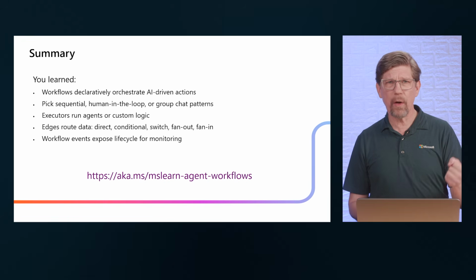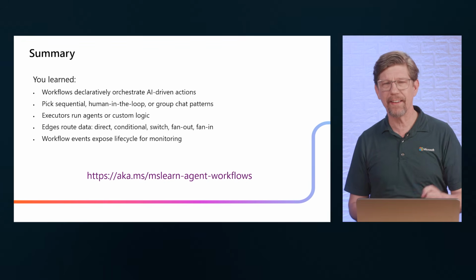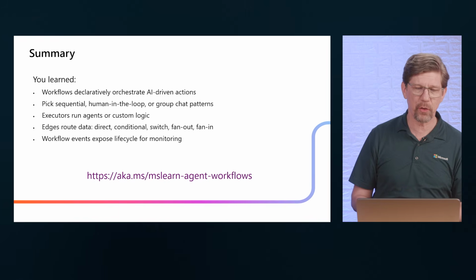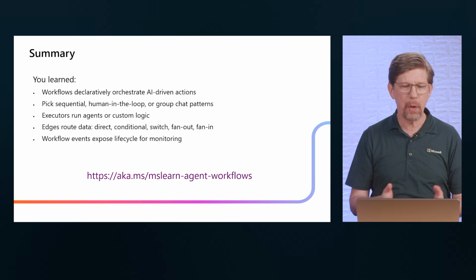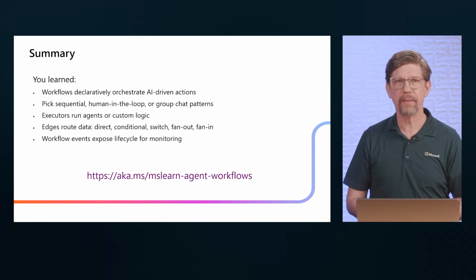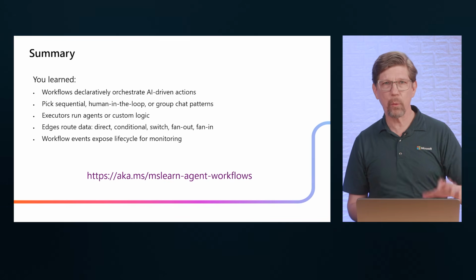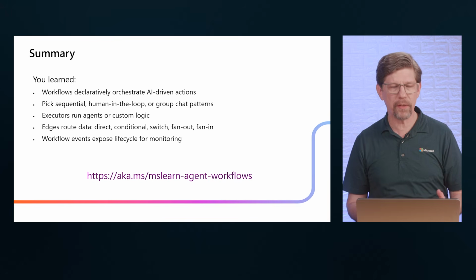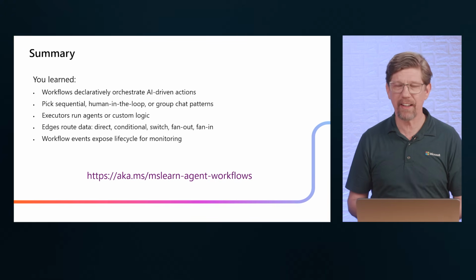Each one of those nodes itself is an executor that's going to either run an agent or some sort of logic that goes along with it. And then from those executors, we link those together by edges to route that data or movement through the workflow. If we wanted to have a workflow system that we needed to monitor, there is a series of events that we can key in on to see what's going on in that workflow.